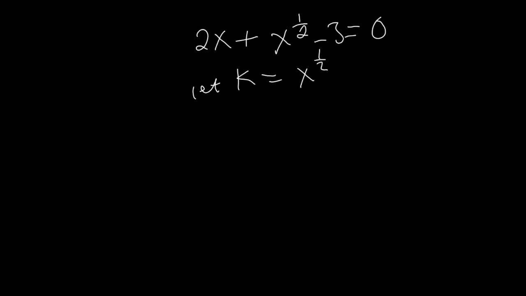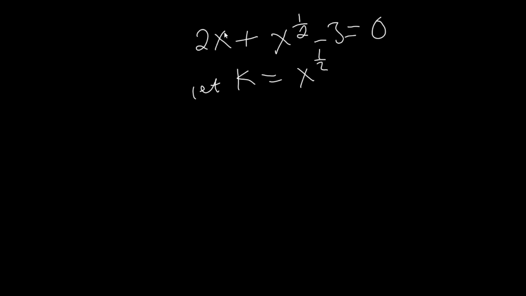What is left is to make sure that this x is also turned into k. But how do I turn this into k? I know that I can turn this into k.